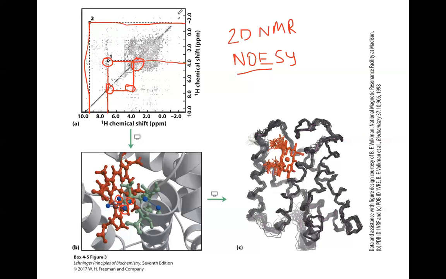Does that make sense? Yes, sir. So in other words, if there's a square here, it has to be symmetrical on both sides of the diagonal.